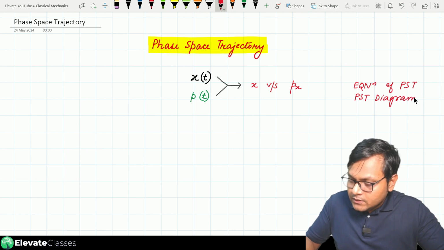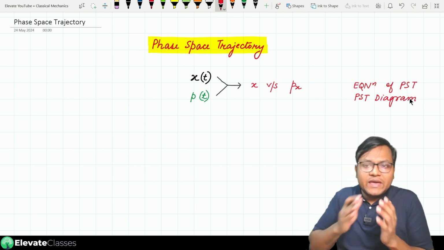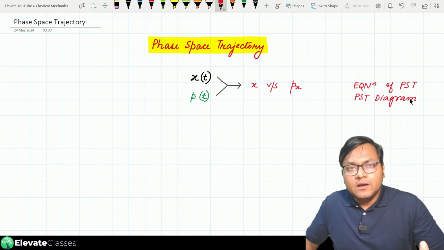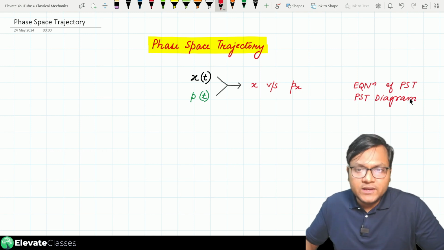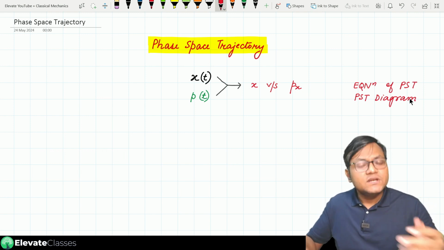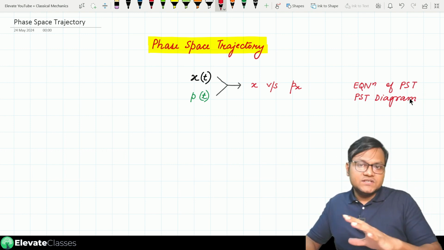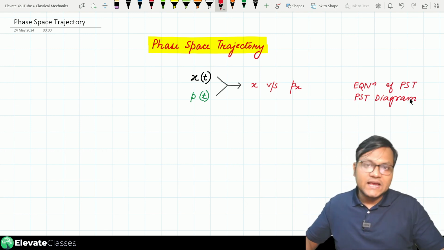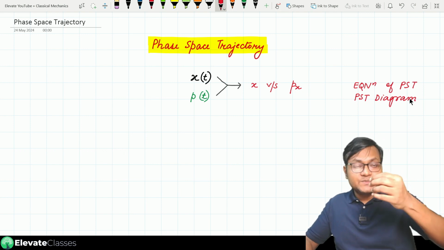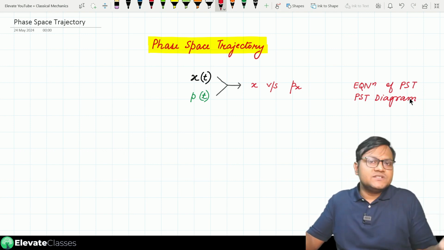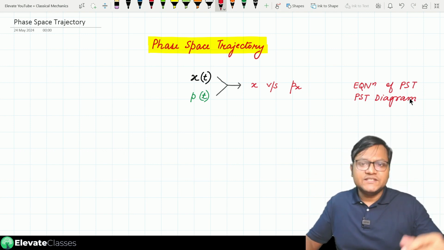ठीक है. Now ये जरूरी नहीं है कि हम x और px के बीच में ही relationships को find out करने की कोशिश कर रहे हैं, because different systems can have different kinds of variables. Spring mass system can have displacement along x-axis. Pendulum can have displacement along theta axis. Some other system can have displacements along other kinds of quantities.